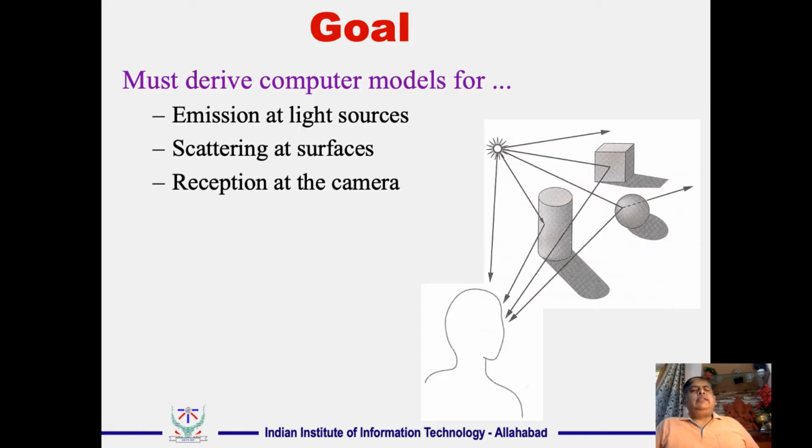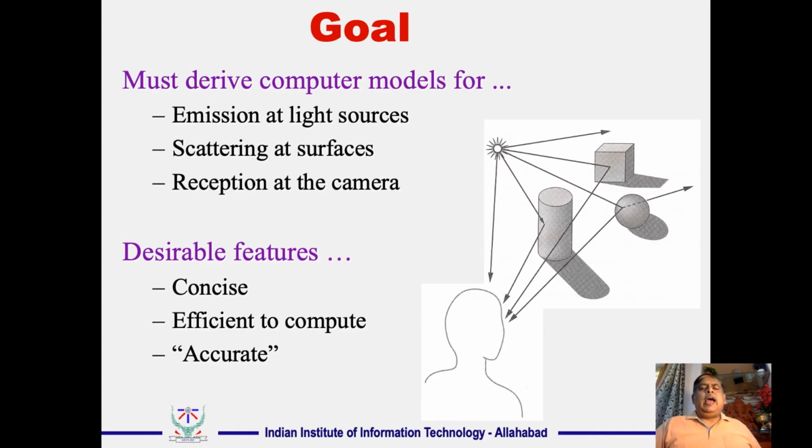The goal is to derive a computer model for emission of light from the source, scattered at the surface, and representation at the camera. So you have different objects being illuminated and reaching our eyes, and depending on that we have to generate a model.